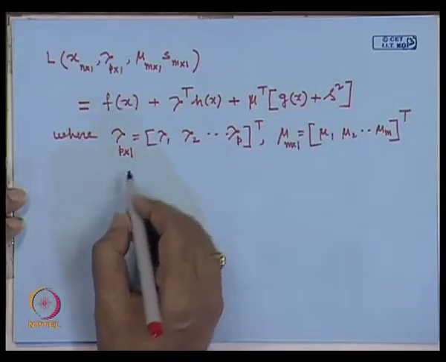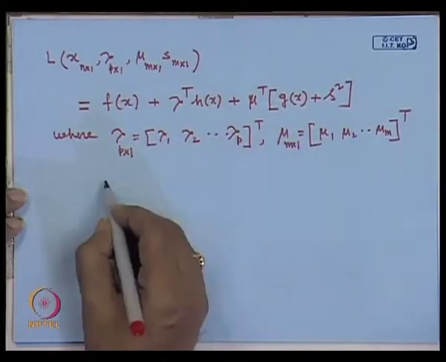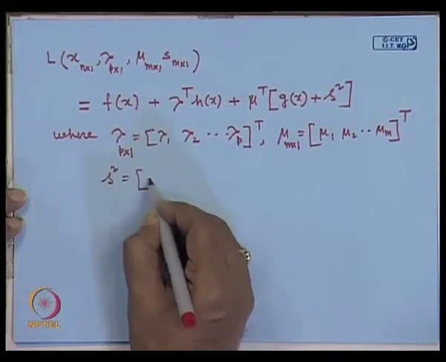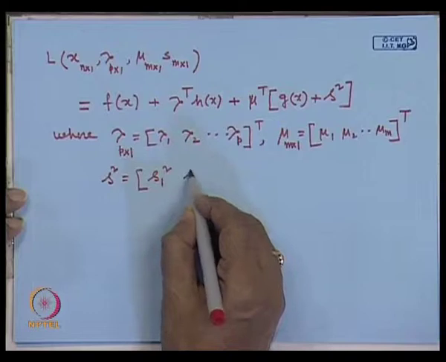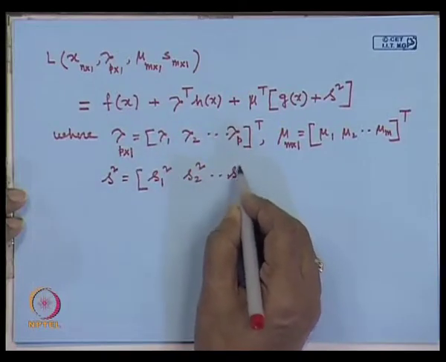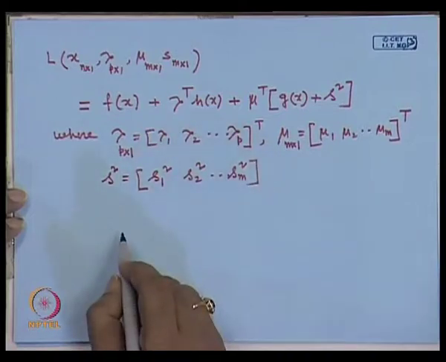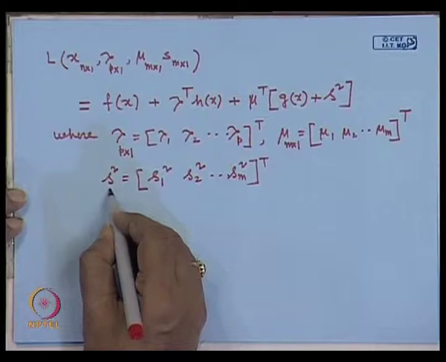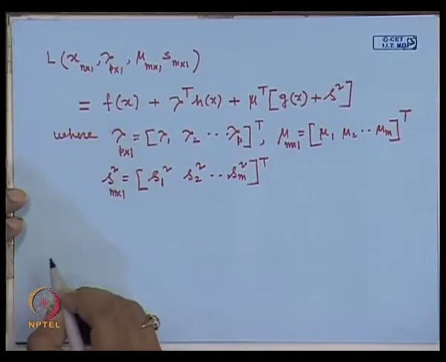These are all Lagrange multipliers. Similarly, this s square is nothing but s 1 square, s 2 square, up to s m square, again transpose, and this dimension is again m cross 1.